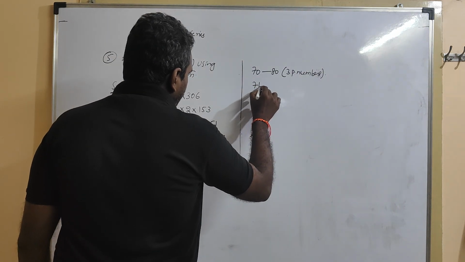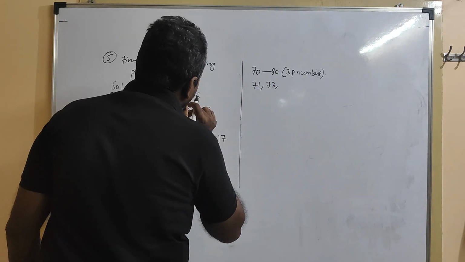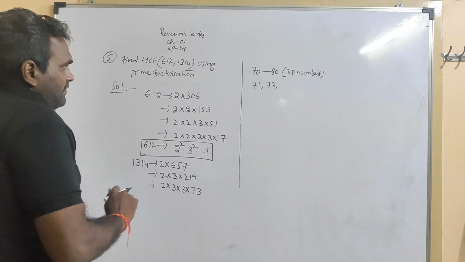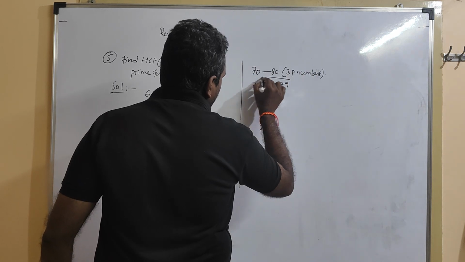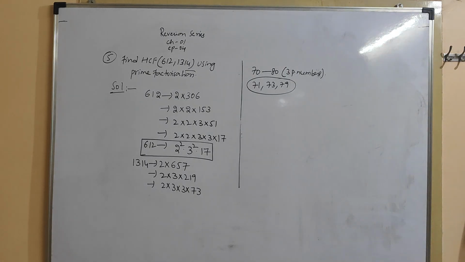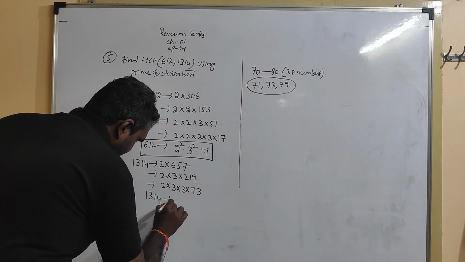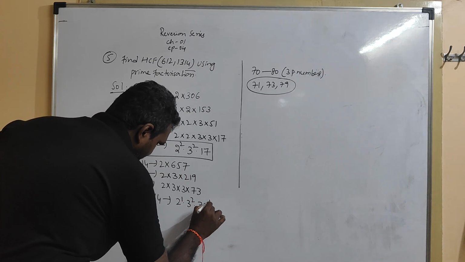I think 71 is prime. 73 is prime. 79 is prime. These are the 3 prime numbers you will be having from 70 to 80. So 73 is a prime number. So 1314 can be written as 2 power 1 into 3 power 2 into 73 power 1.